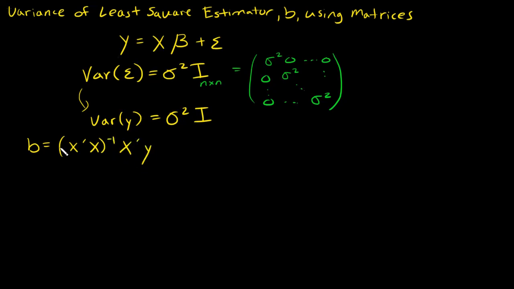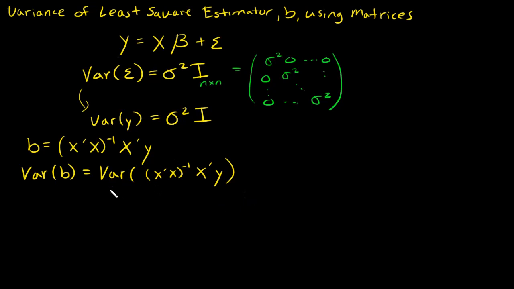The goal is to find the variance of B, which is the variance of X transpose X inverse times X transpose y.